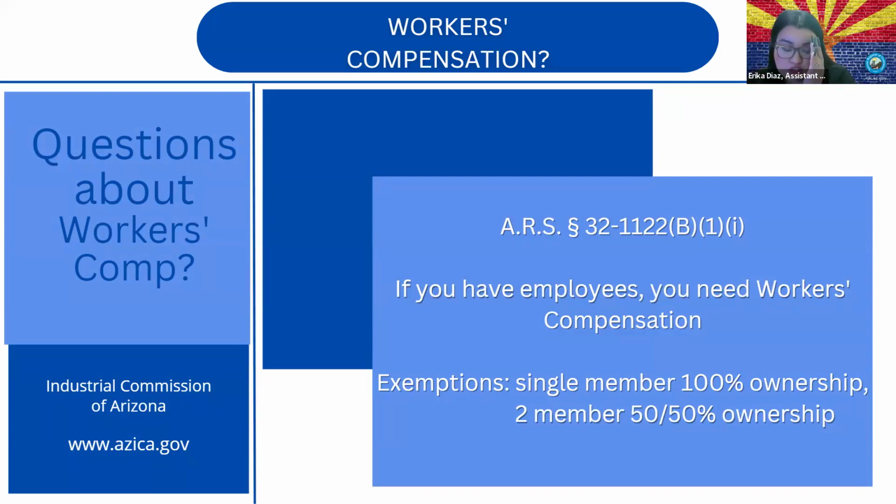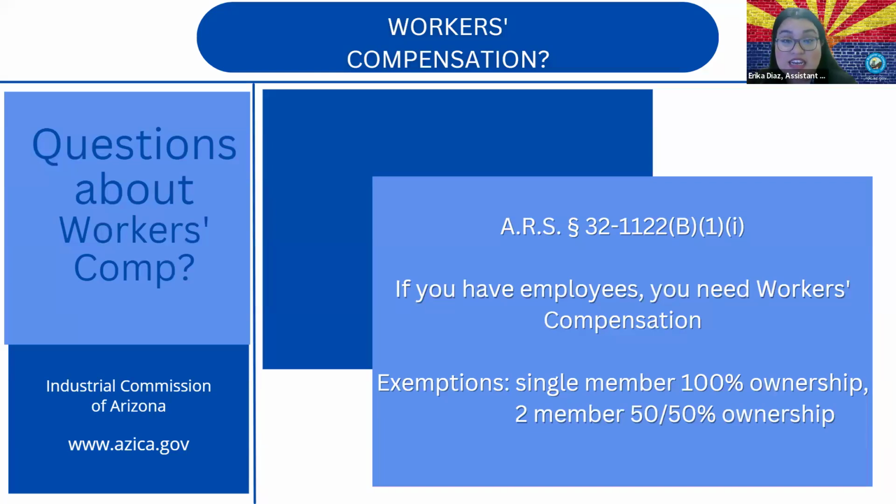There are two exemptions for not needing workers' comp. That is, if you are a single member owning 100% of your entity and you are also the qualifying party, or you are a two-member entity owning 50-50, and that's the biggest thing. It has to be 50-50. If it's 49-51, you're not exempt.